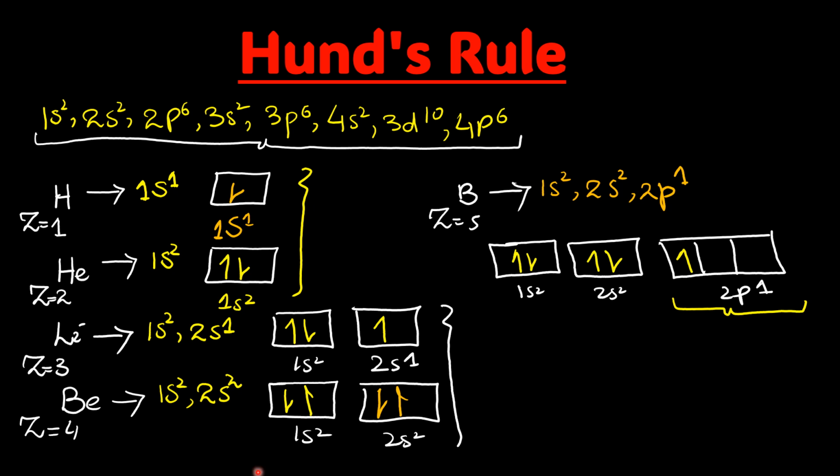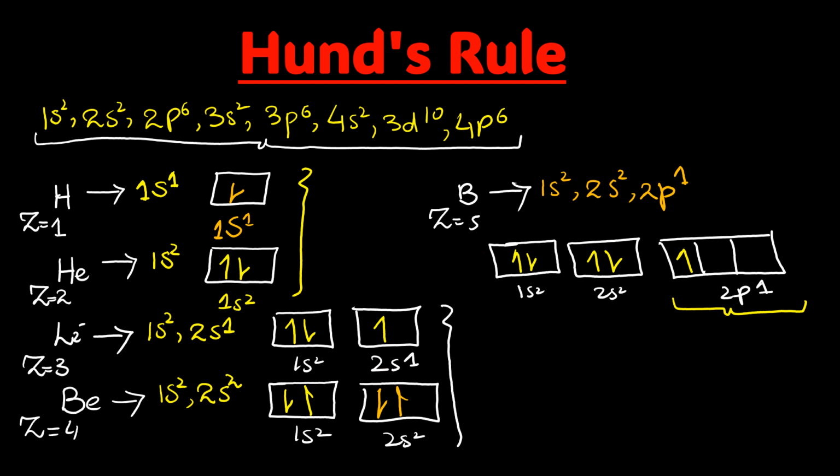Every orbital has the same energy, so we can write the electron anywhere in these orbitals. And secondly, it is not necessary that the electron present in an orbital is in spin up state. It could be in spin down state also, so we can write it in spin down state. So this is basically the electronic configuration for boron.